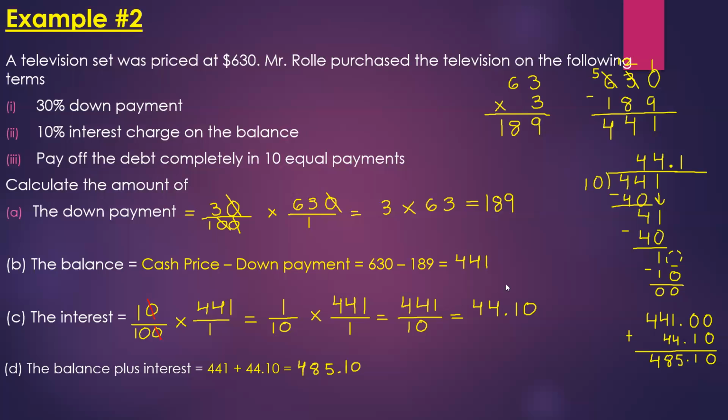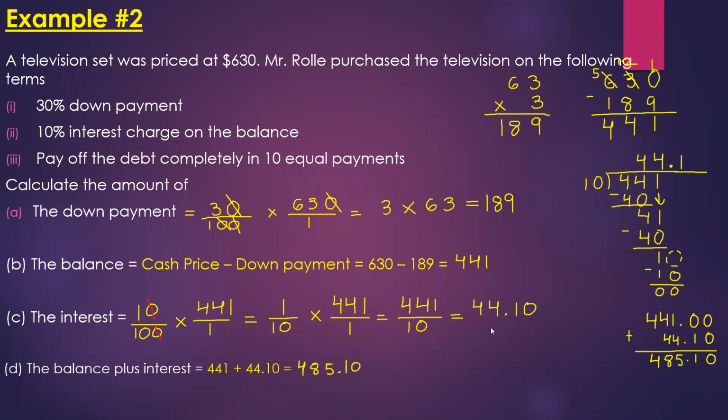To calculate the interest, since it's 10% interest, you do 10 over 100 times 441 over 1. You cross out the zeros, which will give you 1/10 times 441 over 1, which is 441 divided by 10. And to do that, you don't have to do the working.